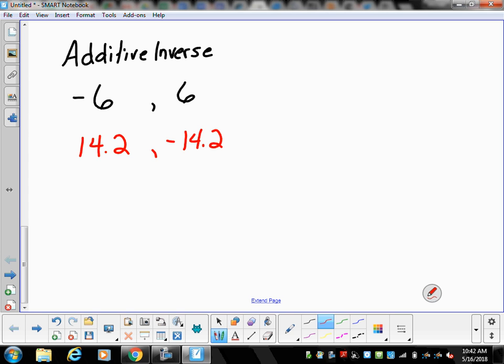All right, so now we're going to look at complex numbers. See what kind of difference we have there. If I give a problem like -2 plus 5i, what do you think the additive inverse would be? 2 with a -5i?